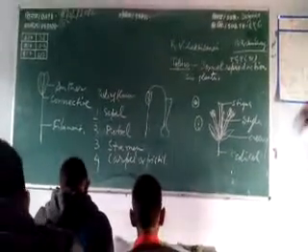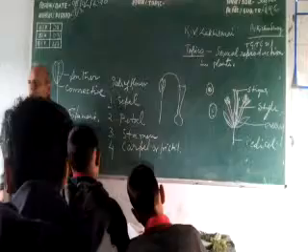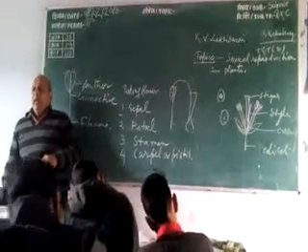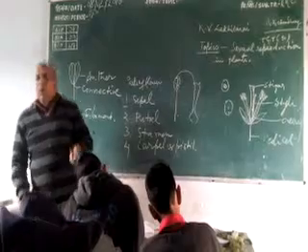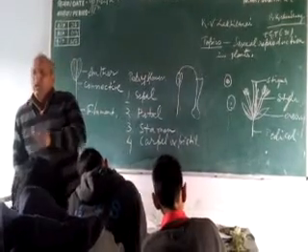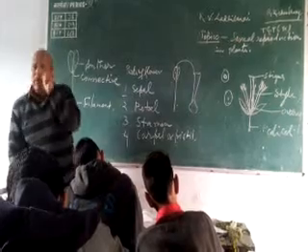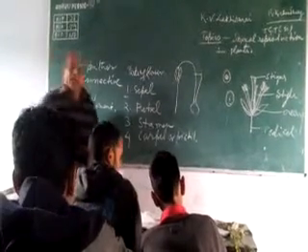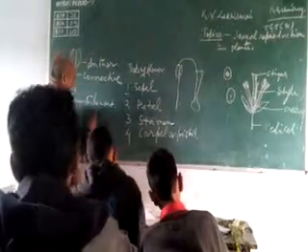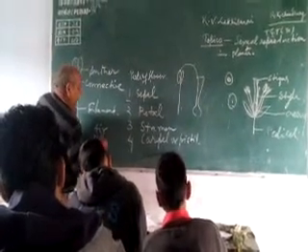Pollination is a process in which pollen grain is transferred from anther to stigma by agents, A-G-E-N-T-S. Which are the agents? Air, water, animals.